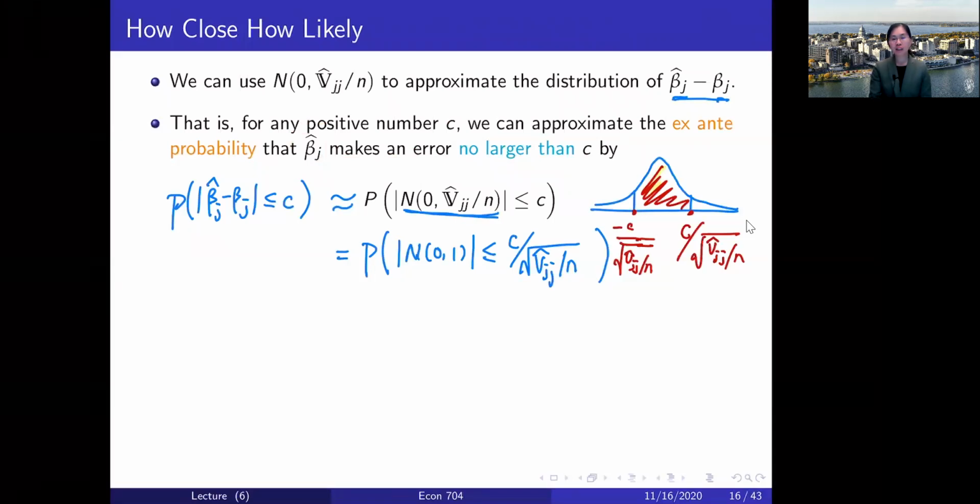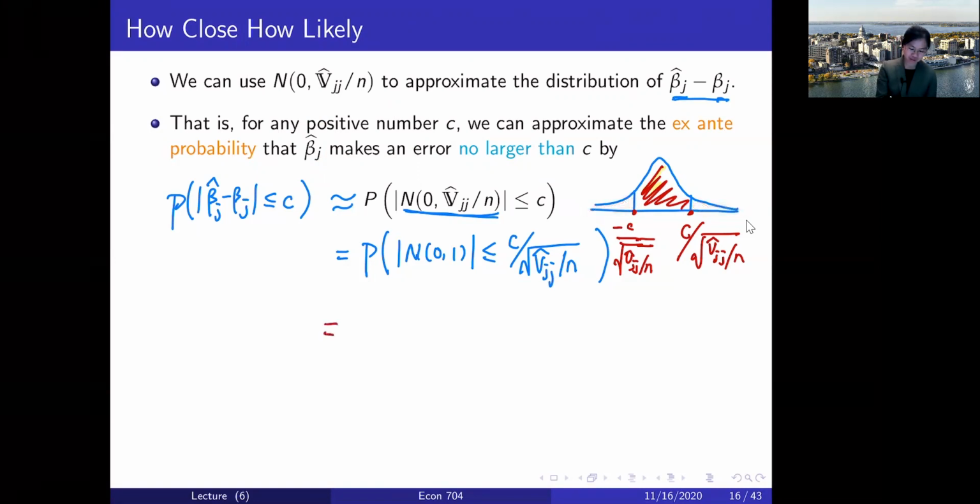So the probability that the standard normal is between these 2 points in this interval is 1 minus the probability that the standard normal is beyond these 2 points, or that's 1 minus the 2 tail probabilities.